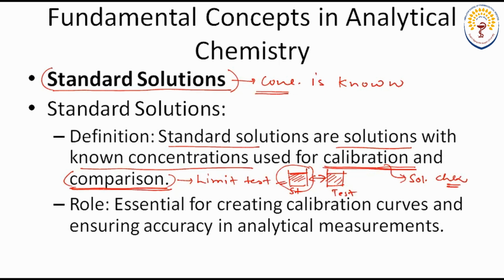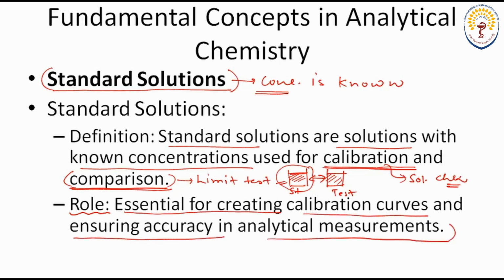In that way calibration is done. So considering the role of the standard solution, it is essential for creating calibration curves and ensuring accuracy in analytical measurements. Standard solutions are very important in pharmaceutical analysis or in analytical chemistry. You are constantly using the standard solution for your analysis.